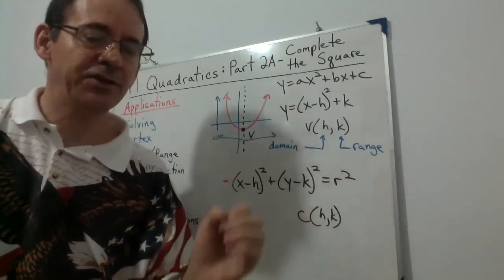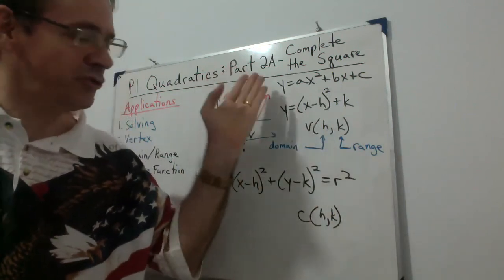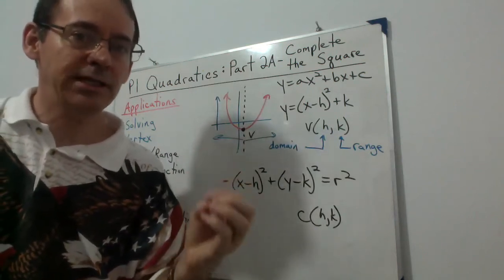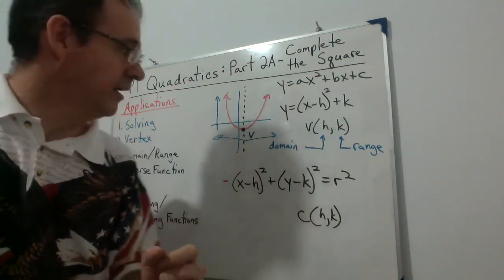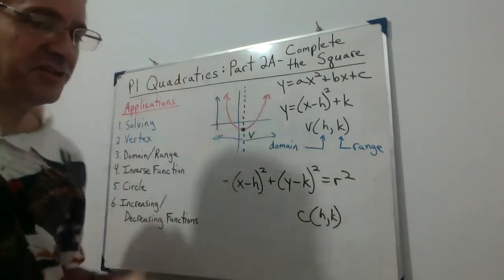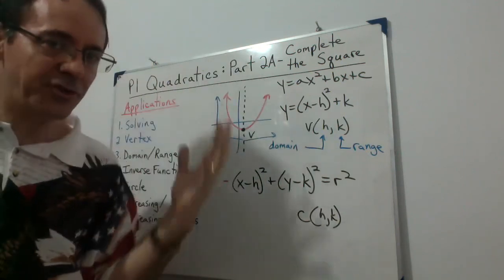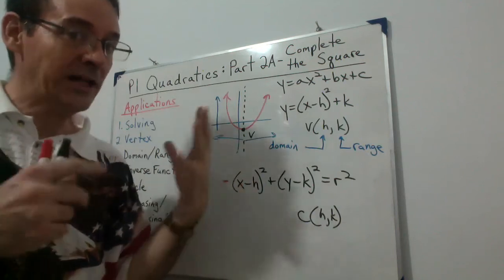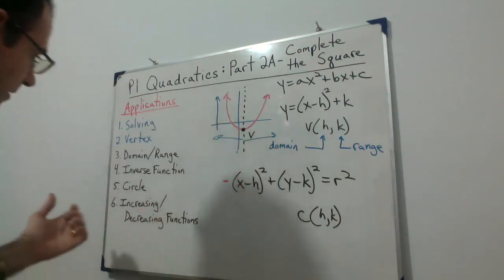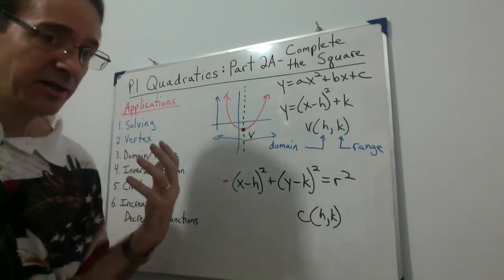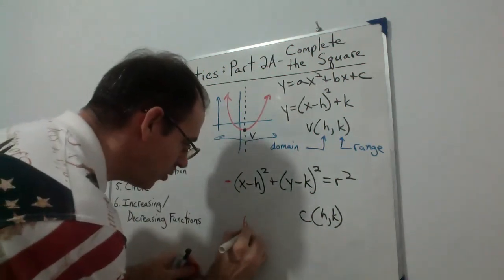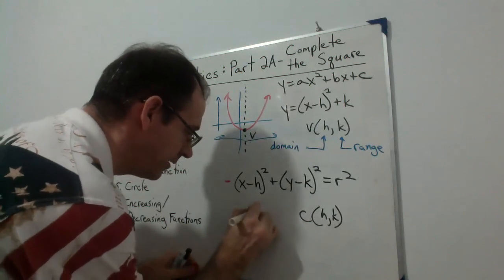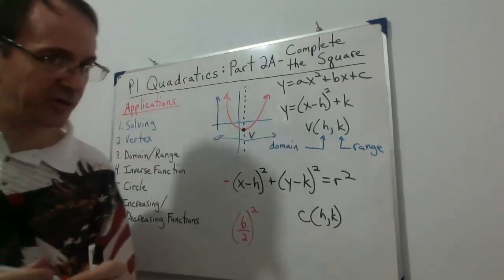So please, when you get to part 2B, really pay attention and learn the skill. But I hope that at least in this part A, you get a mental grasp of what's going on, and you see that magic formula, b over 2 squared, hopefully you understand that better so that you don't forget it.